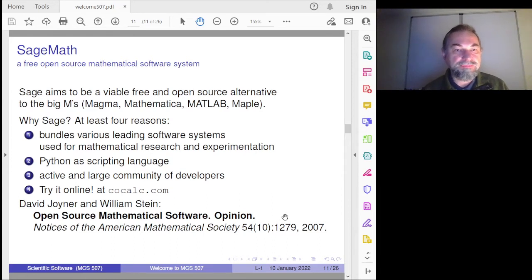That's more or less what is in the opinion piece. The date is 2007. I'm not going to claim that I just summarized that piece, but this is my take on what I remember of it.